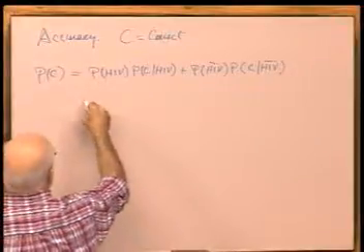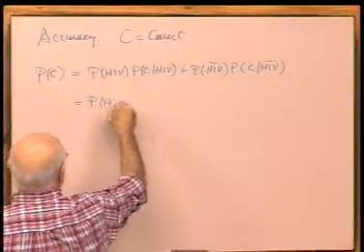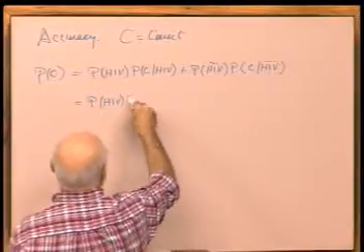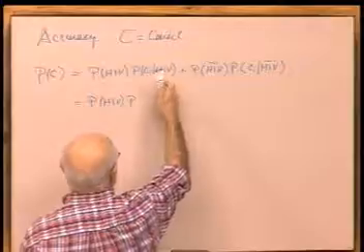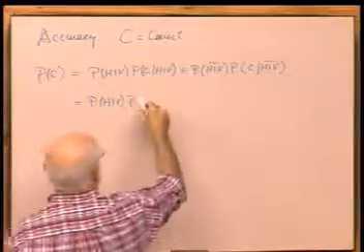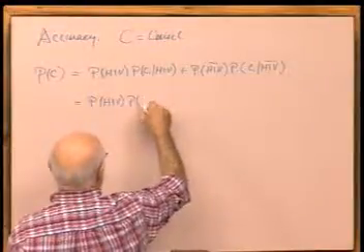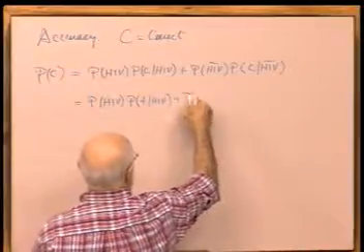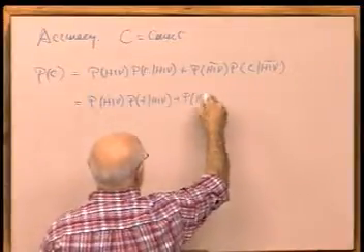So I can rewrite this. This is the probability of HIV times the probability, now let's see, if you have HIV, that means that the test, if it's to be correct, would give you a positive result. So this is replaced by the probability of a positive test if you have HIV. Here's the probability that you do not have HIV.